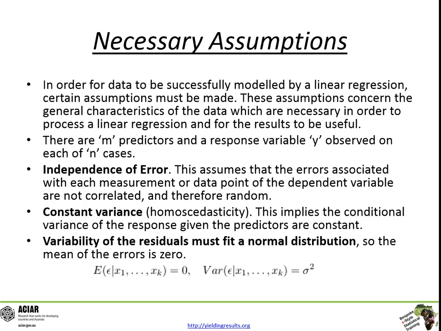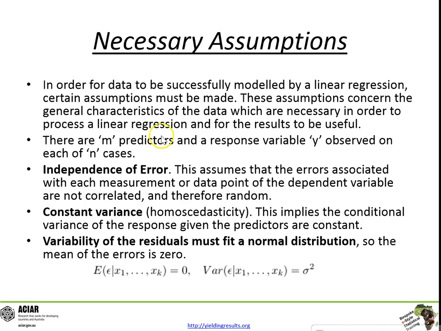We have to have assumptions for linear regression, and this is generally concerning the characteristics of the data, so we typically want to make sure that our results will be useful and that the data analysis will be valid.